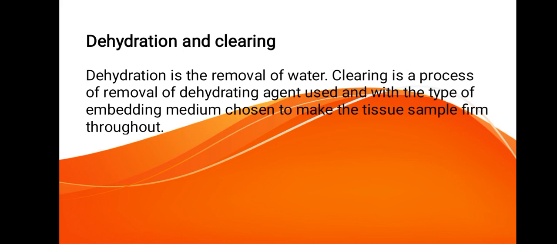We start with dehydration. The collected tissues, once they are fixed, are dehydrated in graded solutions of alcohol or other dehydrating agents, since a large fraction of the tissue is composed of water.